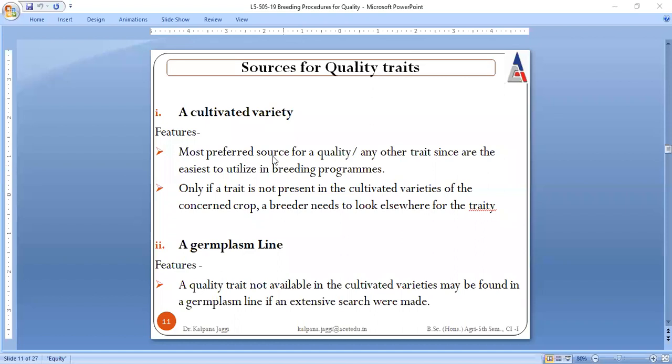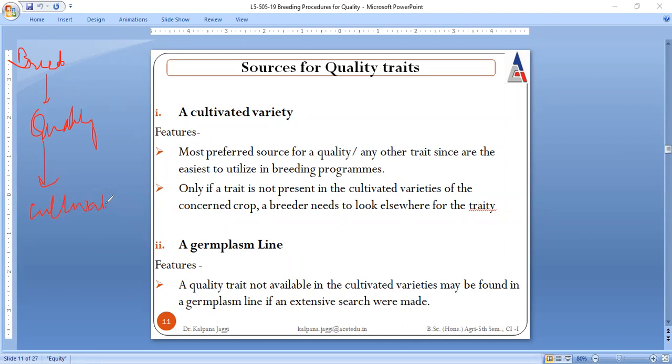When you are to breed for a parameter that is said to be quality, a breeder needs to focus on cultivated varieties.